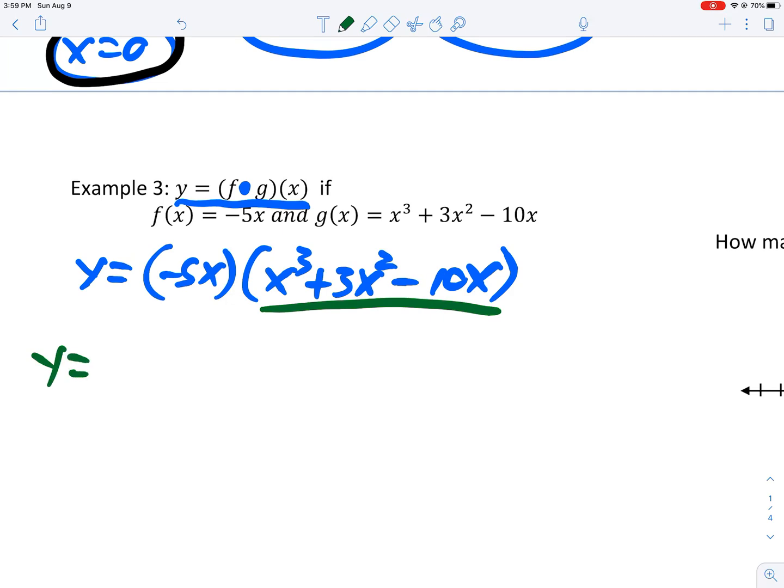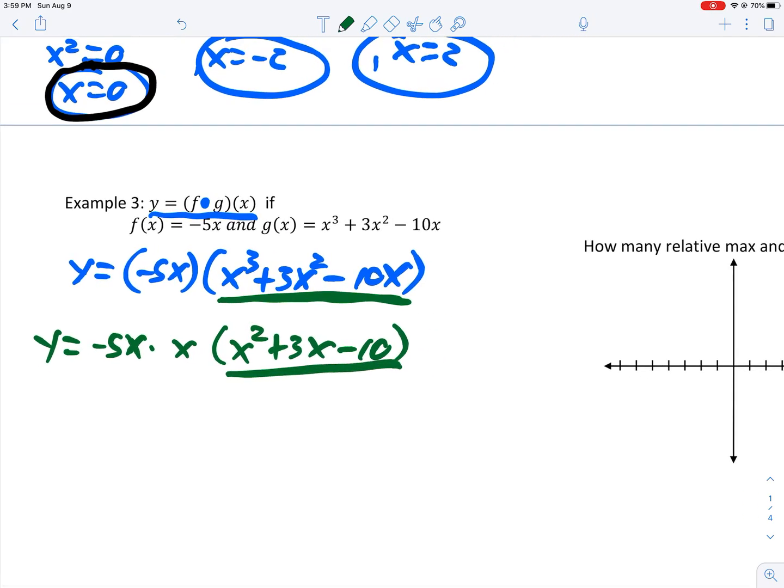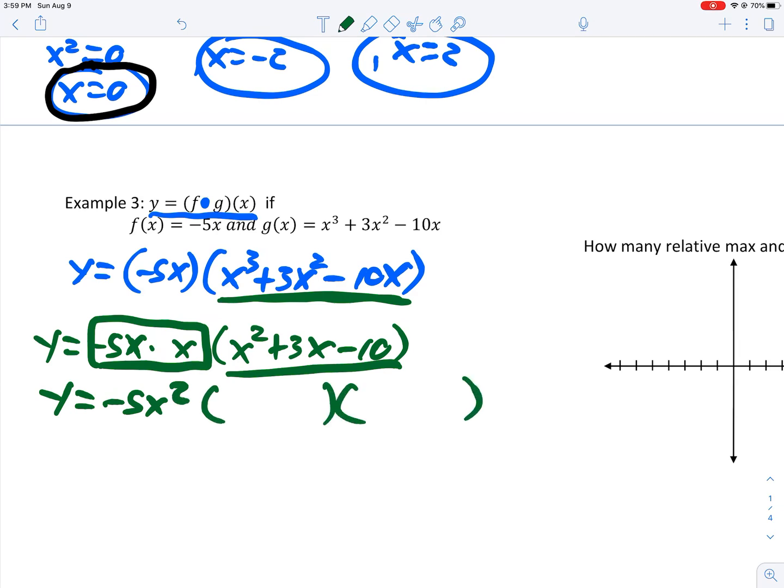So y equals the negative 5x is fine. So it's 3 terms. I see a GCF, right? I can take out an x. So this would be x squared plus 3x minus 10. That's a trinomial I can factor, right? So negative 5x squared, and this would be 2 binomials.